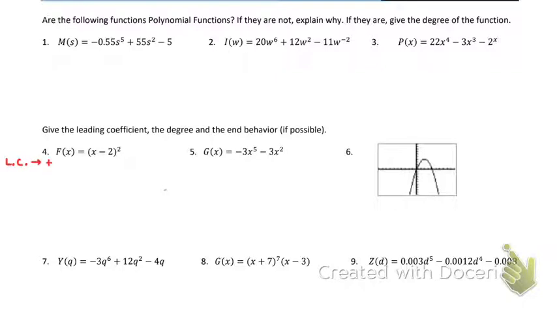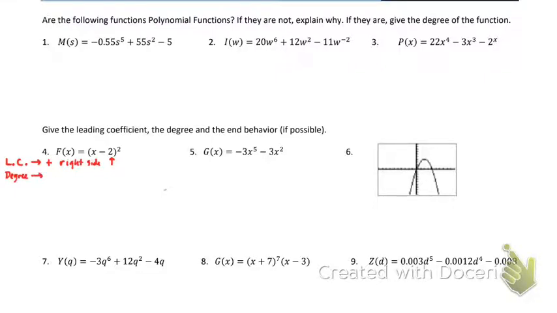That tells us that the right side of my graph will be going up. Now that we have that, we want the degree.